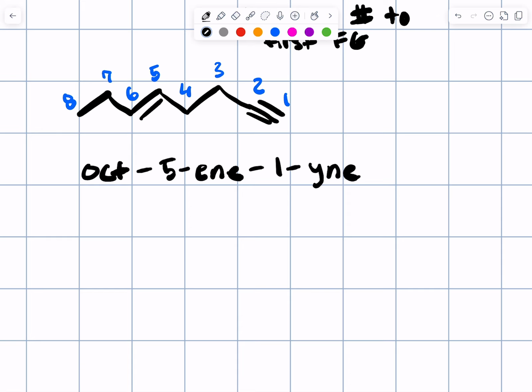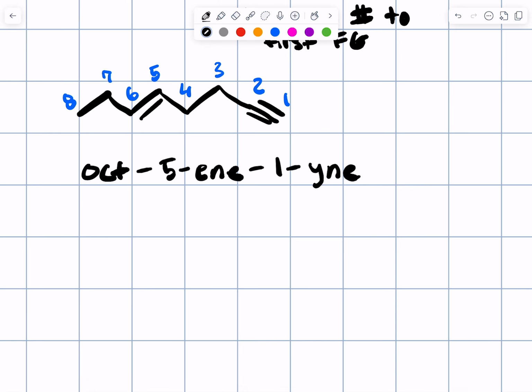Yes, in the back? The question was, essentially, when to use dashes and when to use commas. So you'll use commas to separate numbers, so if it's a diene, a triene, a tetraene, whatever. And you'll use dashes to separate letters from numbers, essentially.